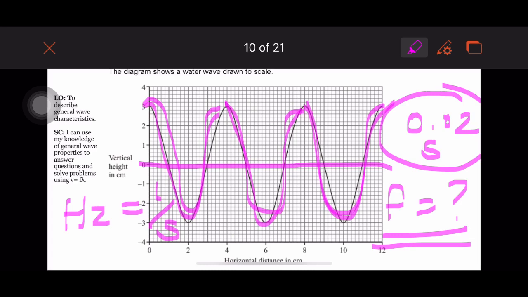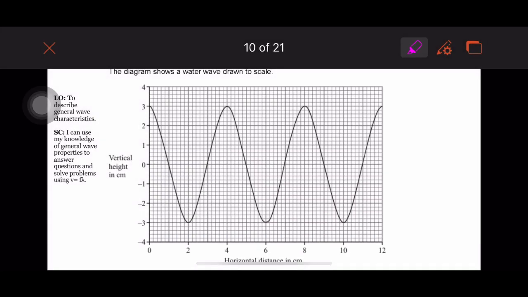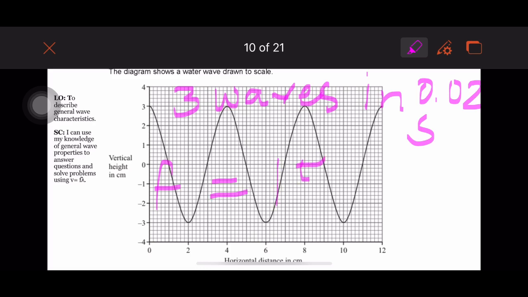So in this case, the frequency will be, okay, 3 complete waves in 0.02 seconds, frequency is equal to 150 hertz. What does it mean? It means that in 1 second there will be 150 complete waves passing through a point.